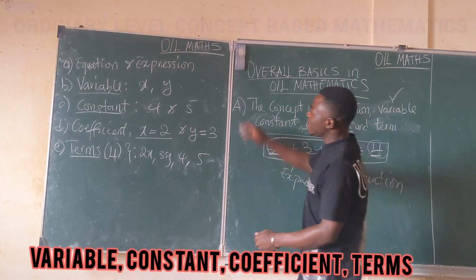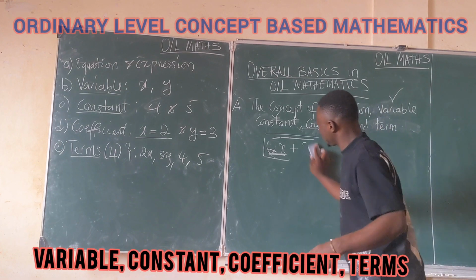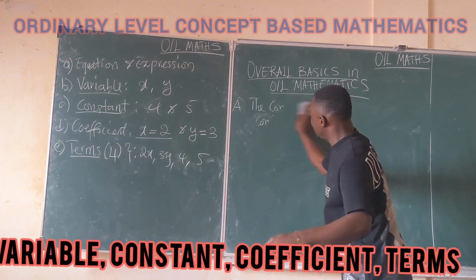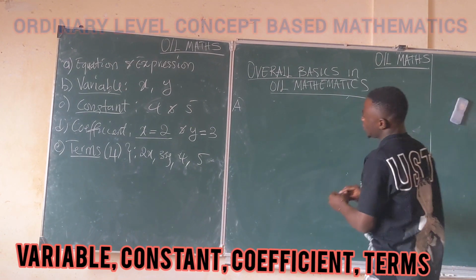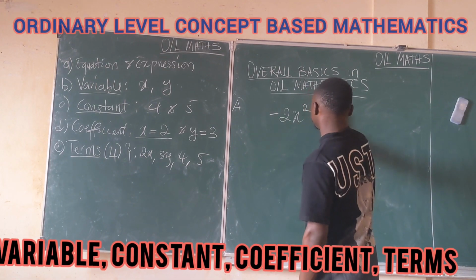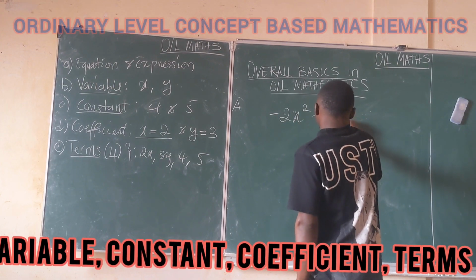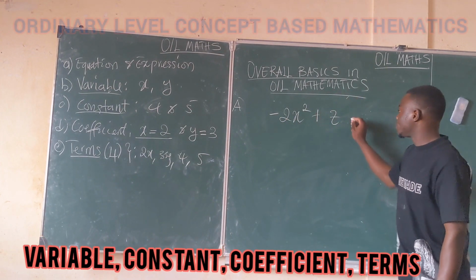Now, how does the GCE set questions with respect to this concept? That is simply the application. They can give you a problem like this: minus 2x squared plus z equals to. They just give this expression.